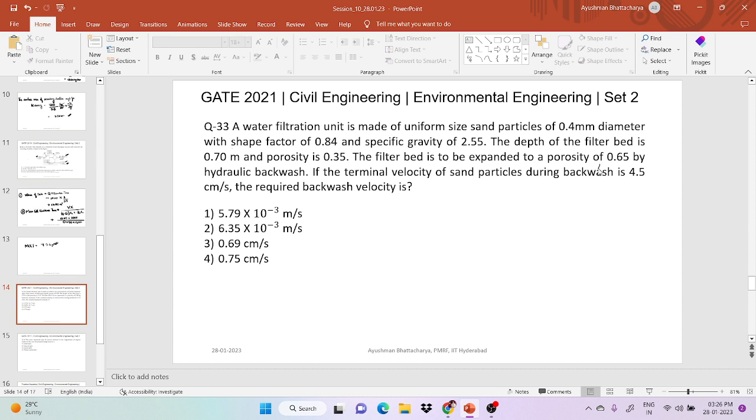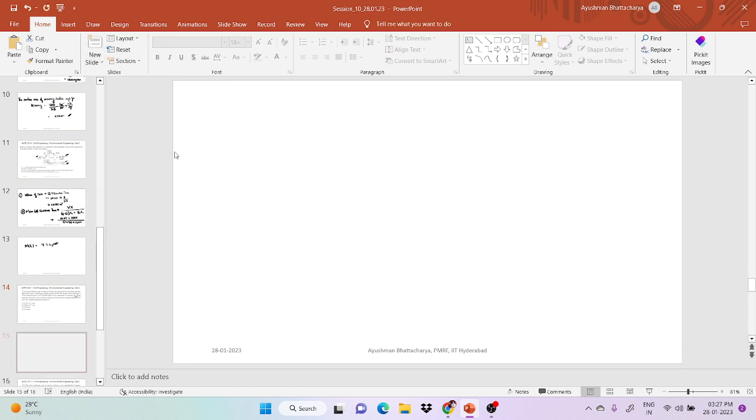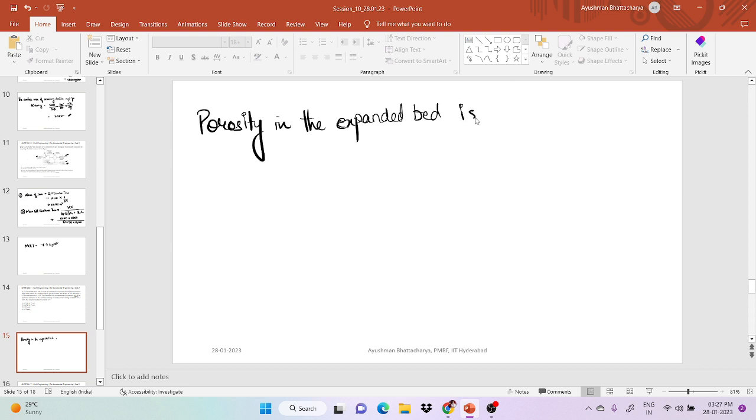Okay, so one thing which I want to tell you in this question is that porosity in the expanded bed is a function of backwash velocity and terminal settling velocity.